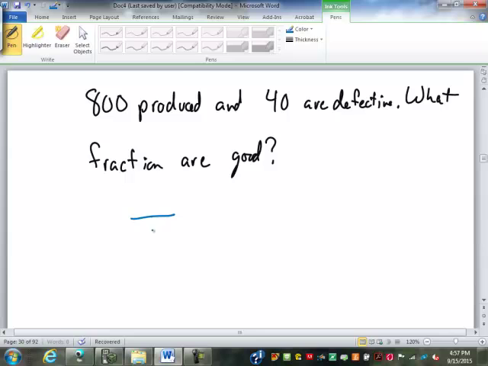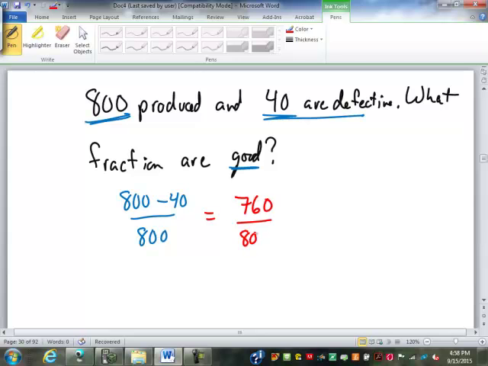Well, what's going to go on bottom is still the 800. We're looking for what fraction out of all the parts. Is the 40 going to go on top, though? No. What's going to go on top? 800 minus 40. If we want the fraction that are good, if there's 800 produced and 40 are defective, 800 minus 40 has to be good. What's 800 minus 40? 760 over 800.